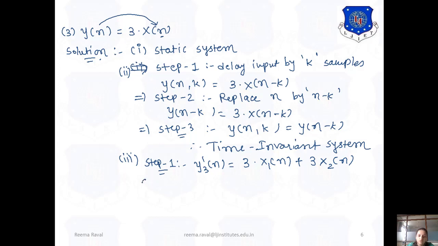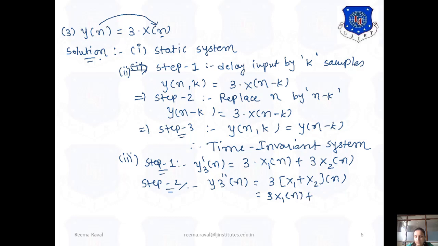Now step 2, y3 double dash of n equals 3 into the addition of these inputs, x1 plus x2 of n. What will it give? 3x1 of n plus 3x2 of n. So both are equal again. Step 3 will be y3 dash of n equals y3 double dash of n, both are equal, so the system is a linear system.